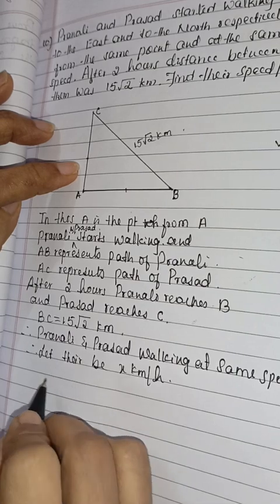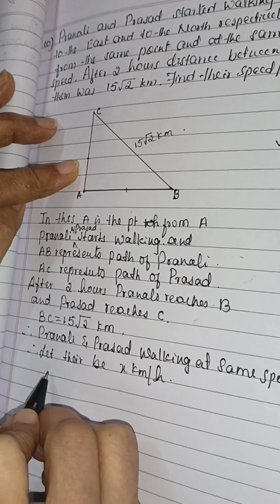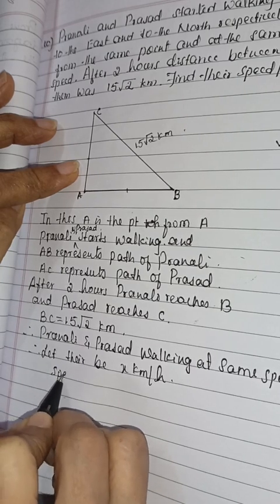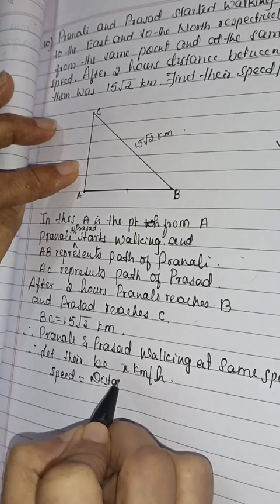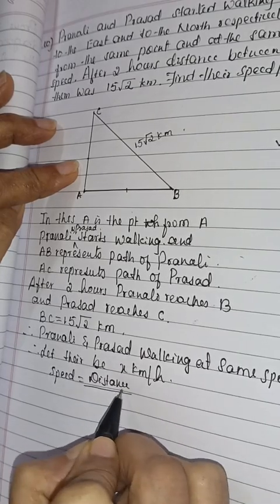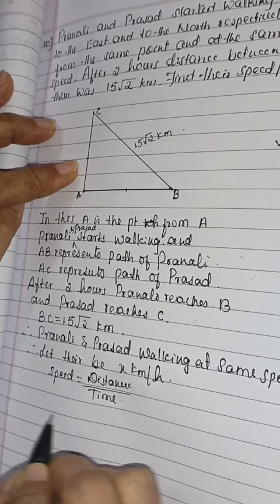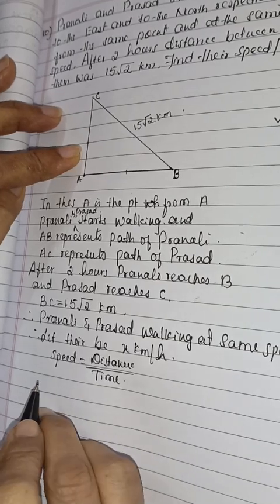And we know the formula, no? Speed is distance by time, but we need speed here.